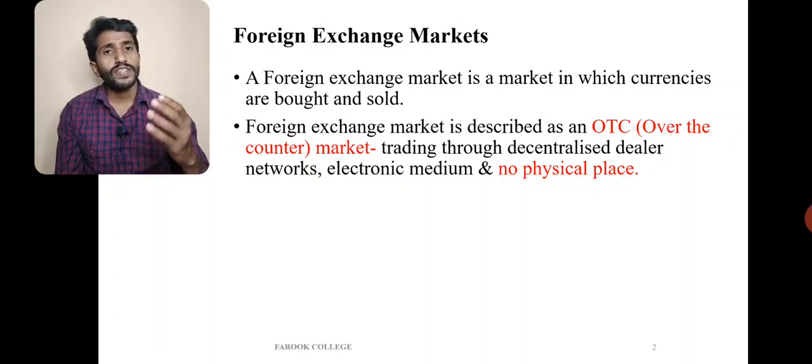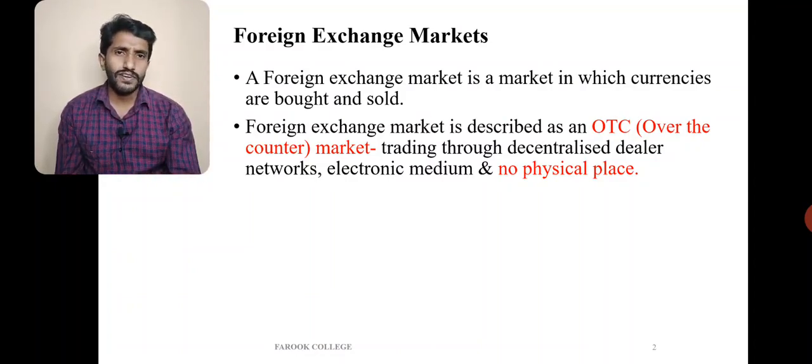We know that all countries have different currencies. India has the rupee, but the US has the dollar, and some other countries have different currencies.